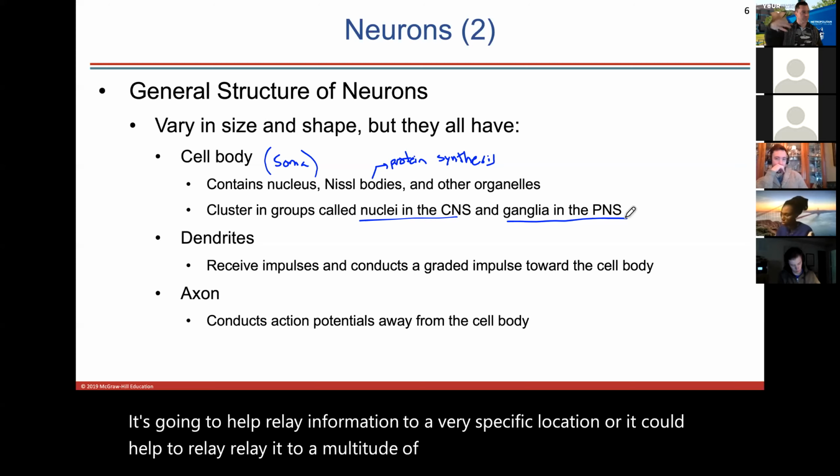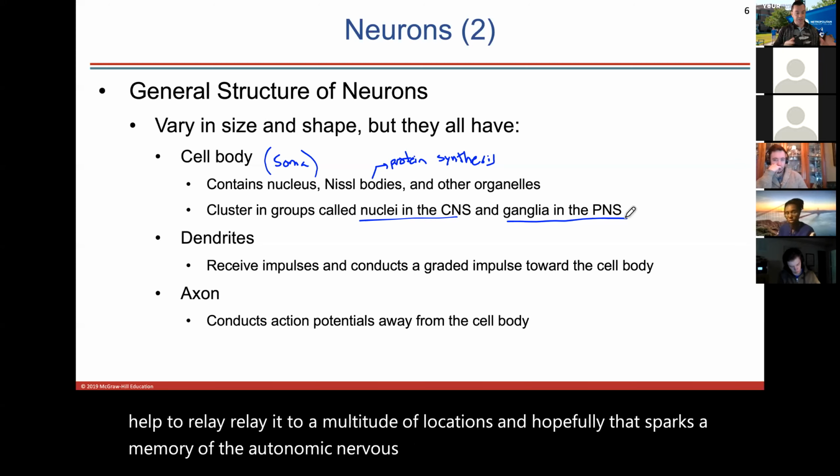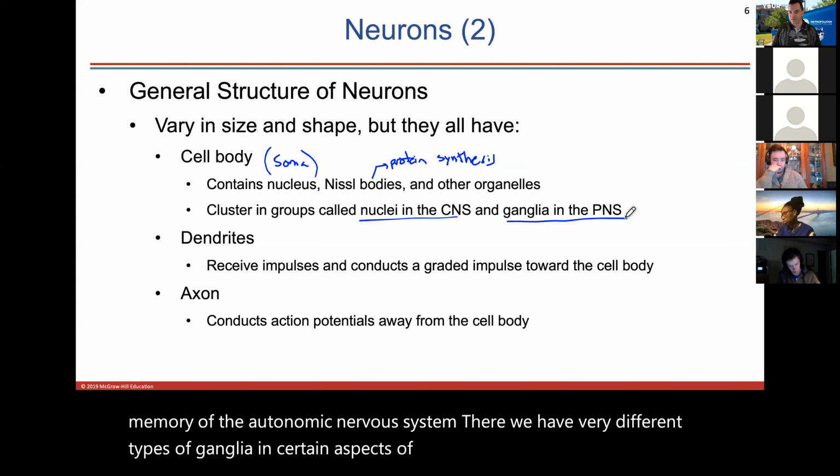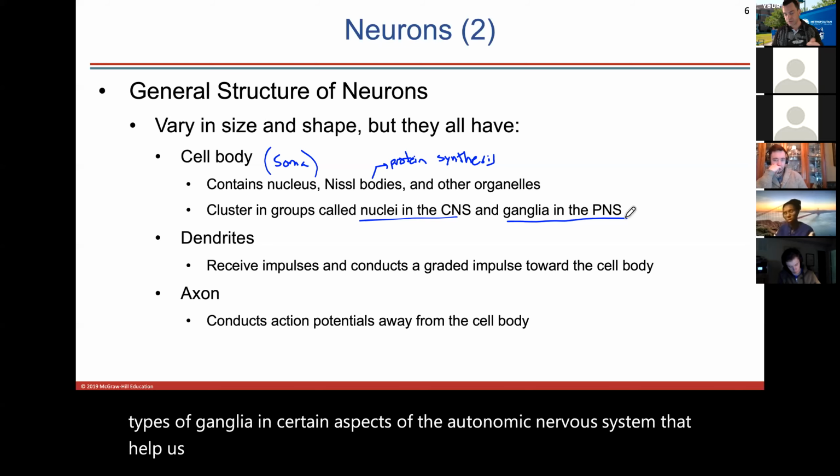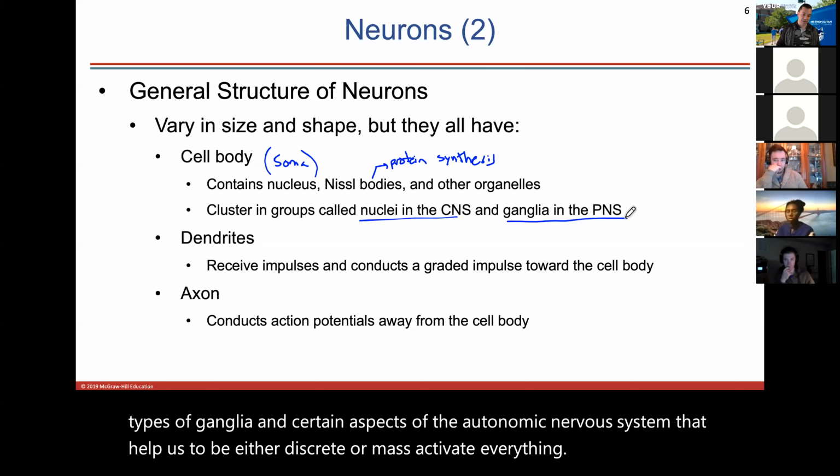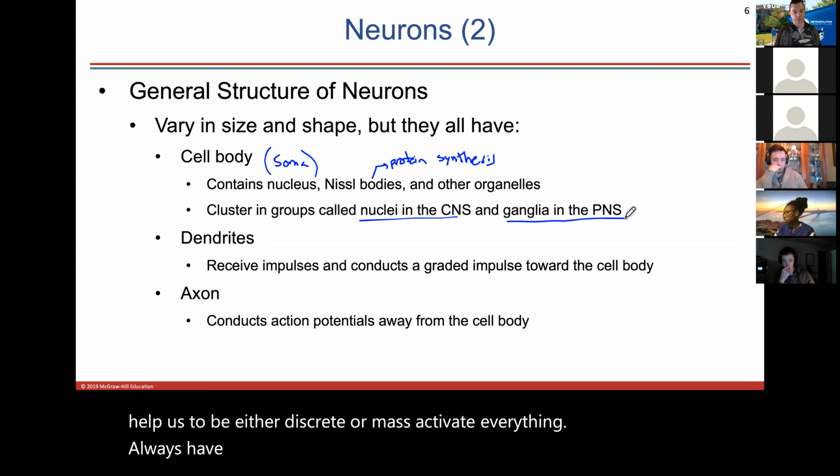And hopefully, that sparks a memory of the autonomic nervous system there. We have very different types of ganglia in certain aspects of the autonomic nervous system that help us to be either discrete or mass activate everything. Neurons always have dendrites and always have an axon.